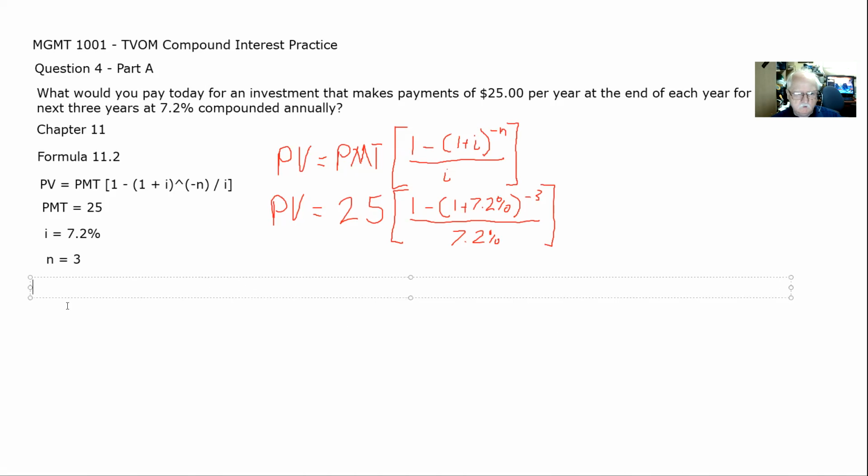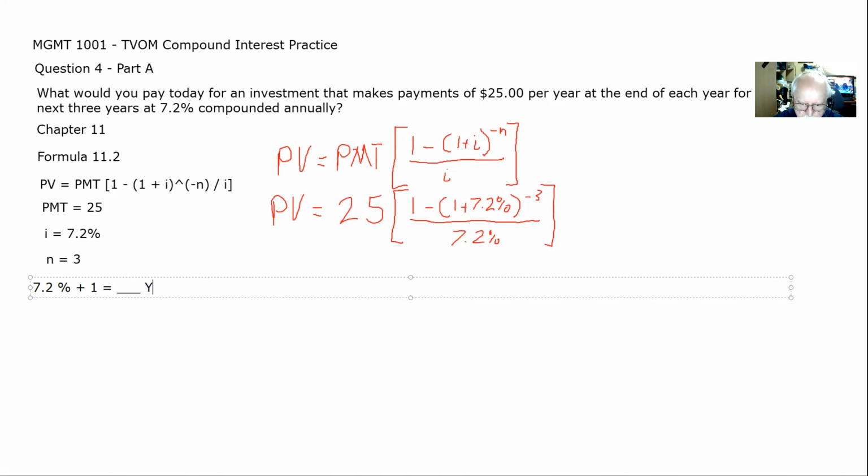We're going to start with 7.2, hit the percent key, plus 1, equals. We can see what that is, but we don't want to take it out of our calculator.